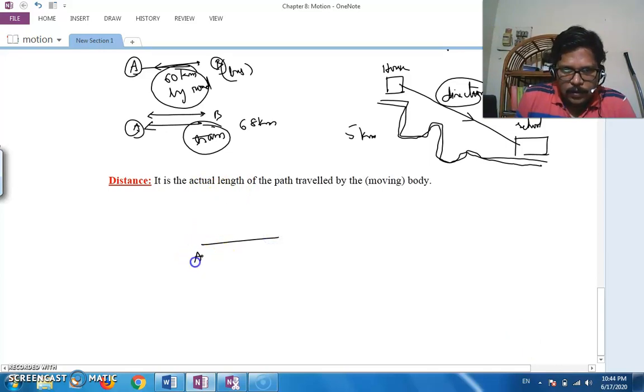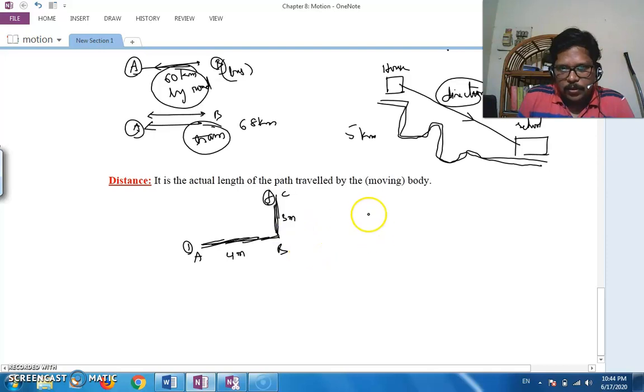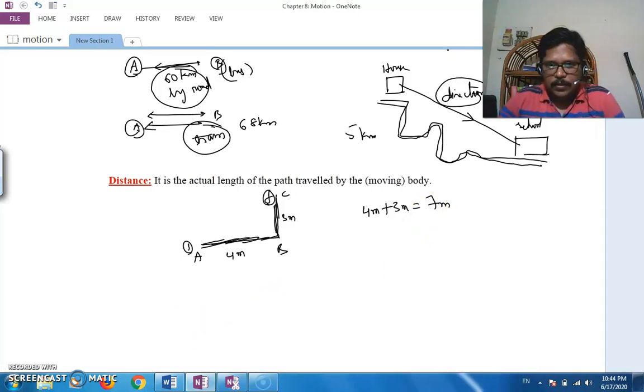You are traveling along a straight road from A to B and then from B to C. This is 4 meters and that is 3 meters. The distance you move is the path along which you traveled, so 4 meters plus 3 meters, a total of 7 meters, is the length of the path. The distance traveled by you is 7 meters.